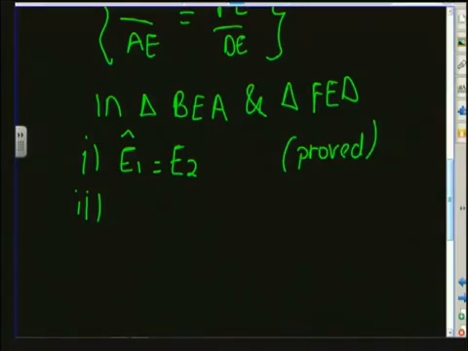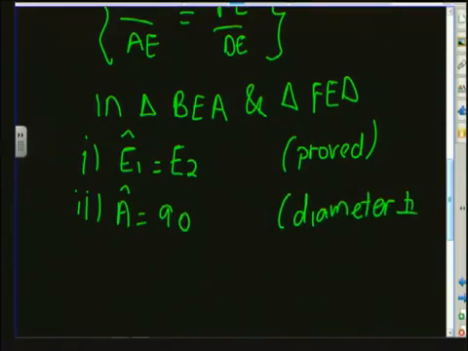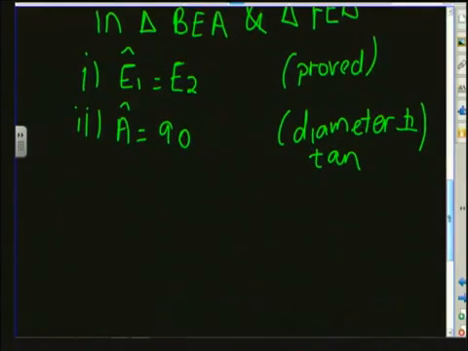Okay. We know that angle A was equal to 90 degrees. And the reason for that was the diameter. As I said to you, the radius is perpendicular to the tangent, so therefore the diameter is also perpendicular to the tangent. Angle A is equal to 90, and angle D3 is also equal to 90 because of angles in the semicircle.